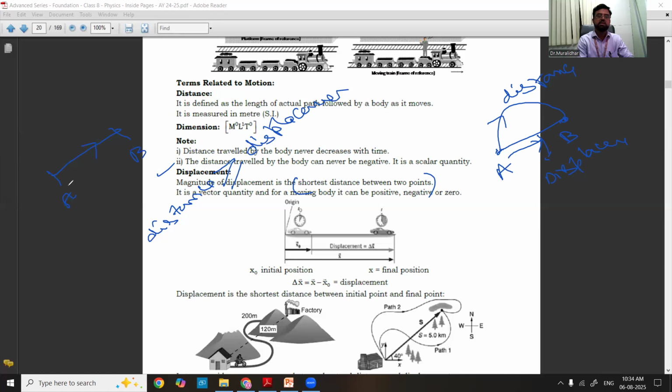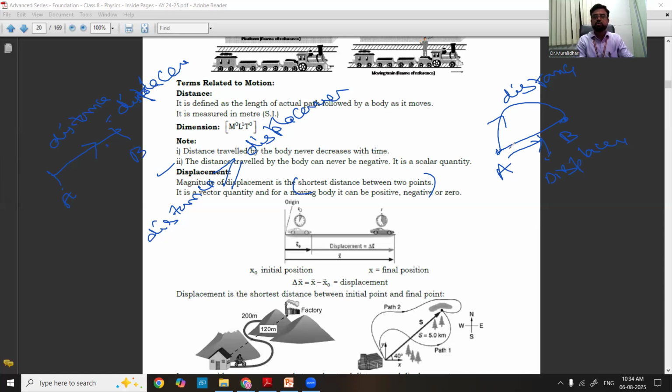So what is the distance? AB is the distance. Displacement also AB only. Sorry. Distance is equal to displacement also. That's why I wrote greater than or equal to. Distance and displacement are the same when the body is in a straight line. But in all other cases, distance is always greater than displacement.